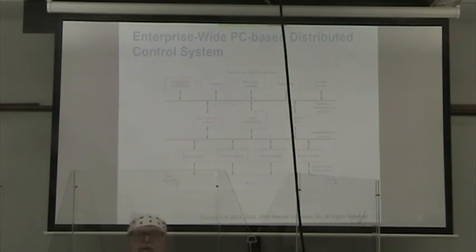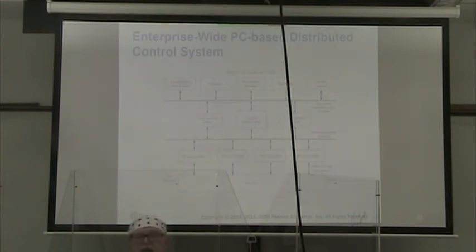All right, so here you can see we end up with a 4-level process. Here at the bottom we have our process itself. We have process stations. On top of that is local operator stations and our central control room.